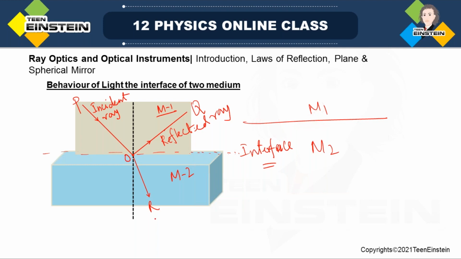Okay, it will just go through the second medium, so this ray is called the transmitted or refracted ray, and the phenomenon involved in this is called refraction of light.